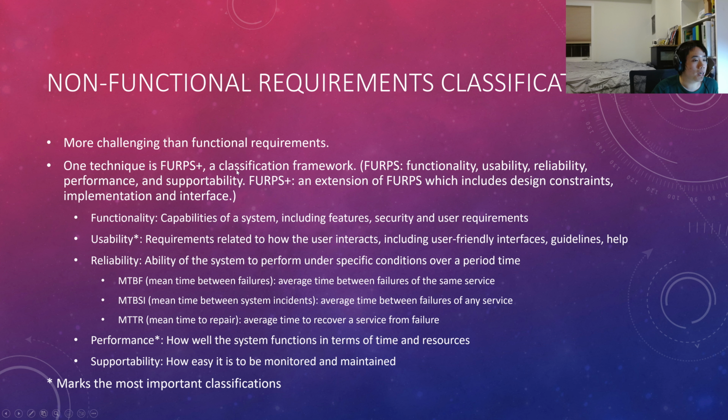Among those five, usability and performance are normally the most important. The plus is an extension of the current FURPS framework, where we may include design constraints, implementation, and interfaces.